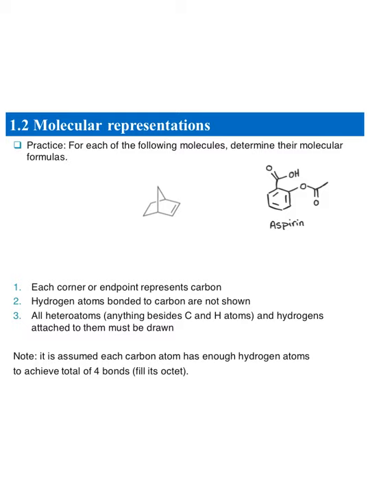So I start with the first structure. This structure is a bicyclic structure. We are going to learn about them later on. But to find the molecular formula here, I start with this carbon. So this carbon, it has 1, 2, 3 bonds. So remember, there is no charge on this molecule.